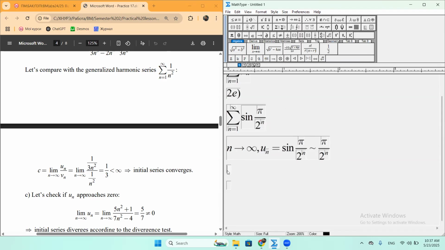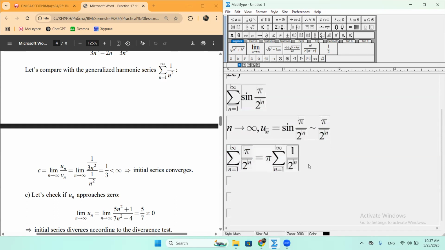From n from 1 to infinity. Let me also move pi out of brackets.